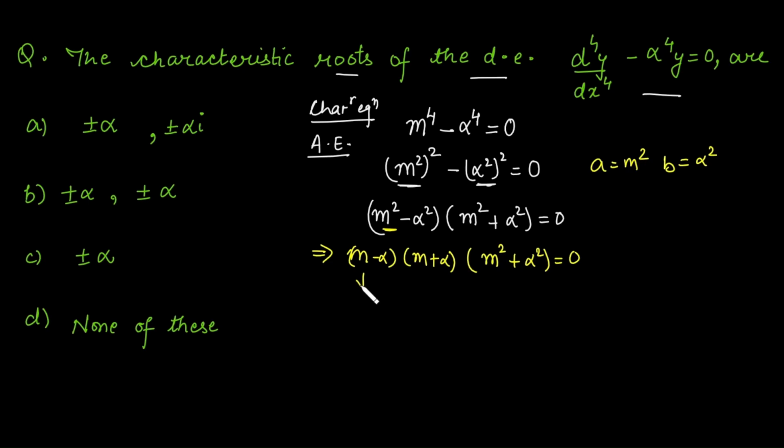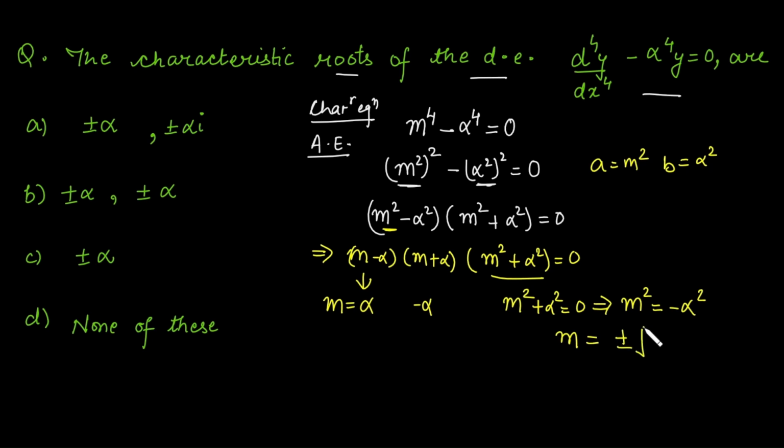Now if it is 0, according to this the value of m is alpha. If it is 0, value is minus alpha. For this case, if m square plus alpha square is 0, so we can write m square is equal to minus alpha square. Taking square root on both sides, m is equal to plus minus under root minus alpha square.